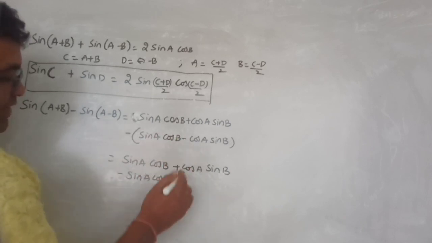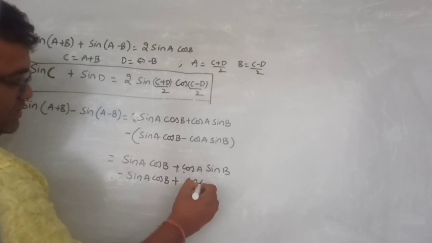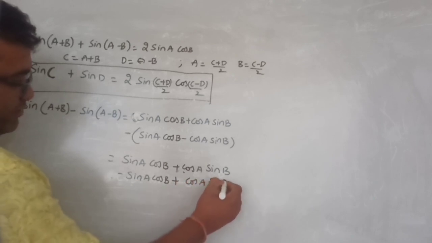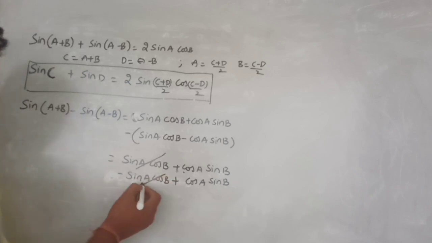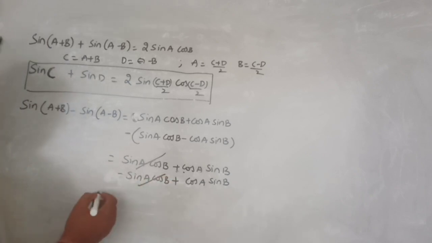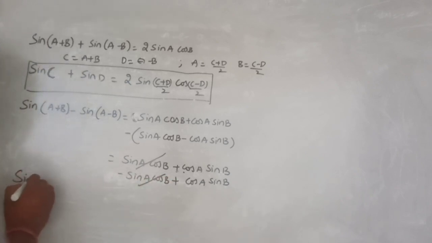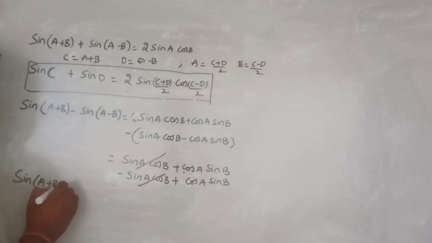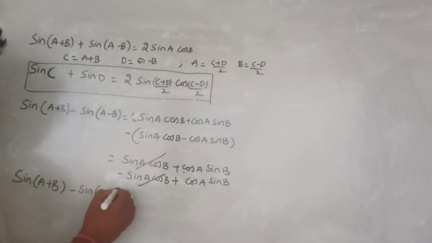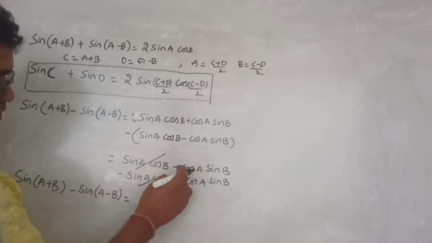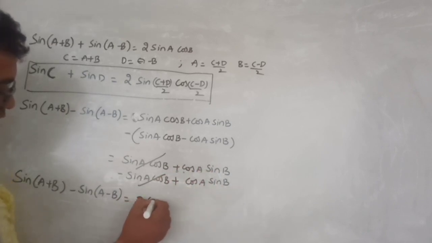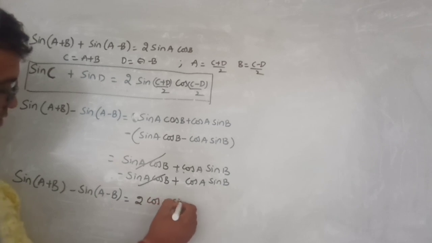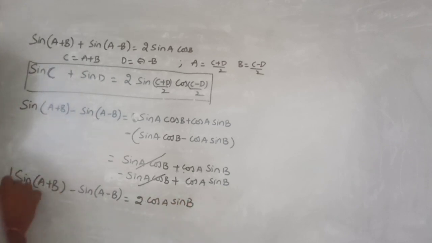So minus into minus plus cos a sin b. So sin a cos b minus sin a cos b get cancelled. We will get sin of a plus b minus sin of a minus b is equal to cos a sin b plus cos a sin b is 2 cos a sin b. This is the formula.